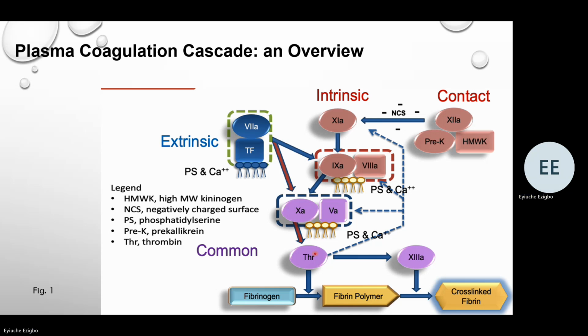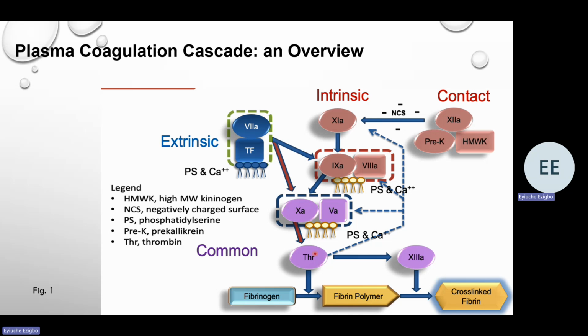Okay, so that is the general overview of the classic pathway, the cascade of plasma-based coagulation. We have said that the coagulation mechanism is divided into the extrinsic, common, intrinsic, and the contact pathway.